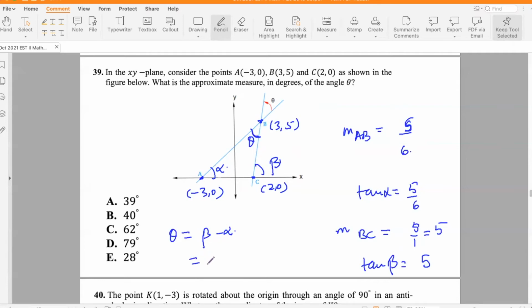So that would be tan inverse of 5 minus tan inverse of 5 by 6. So let's plug that in. So that comes to 38.88, so 39.